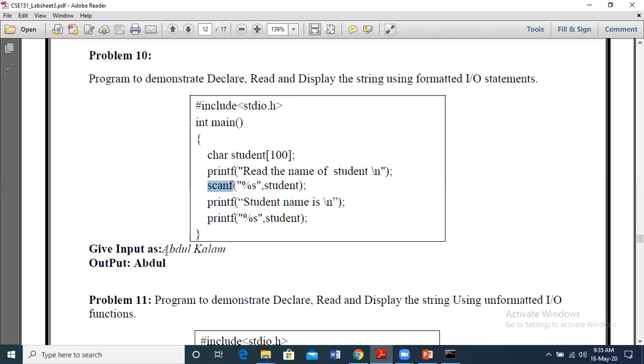For example, if we give Abdul space Kalam, it will consider only Abdul and store Abdul as the name of the student. It does not consider the entire name because there is a space in between, right? So it takes only the first word, and when we display it using printf, you can see that it prints only Abdul. Did you all execute this program?